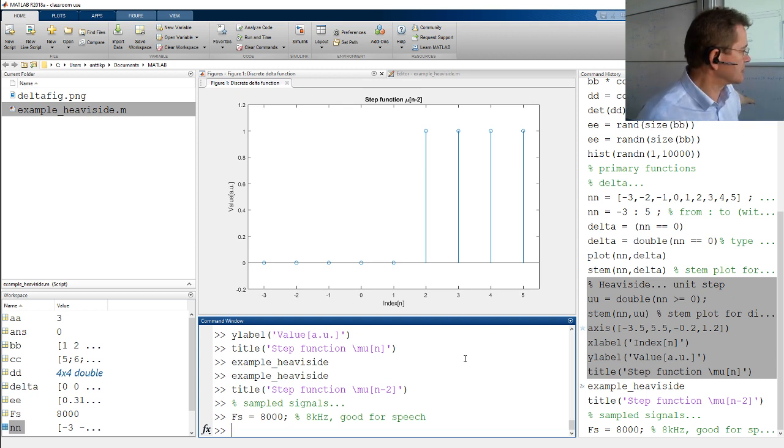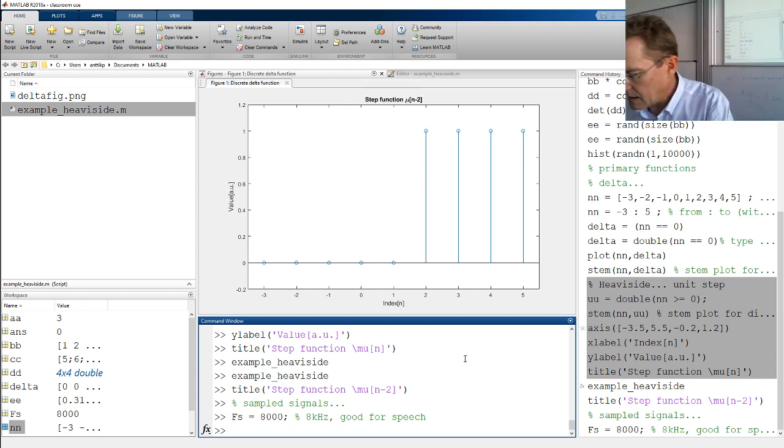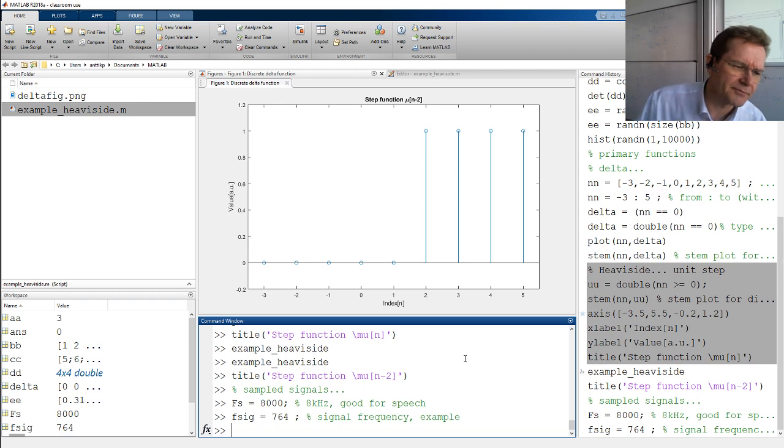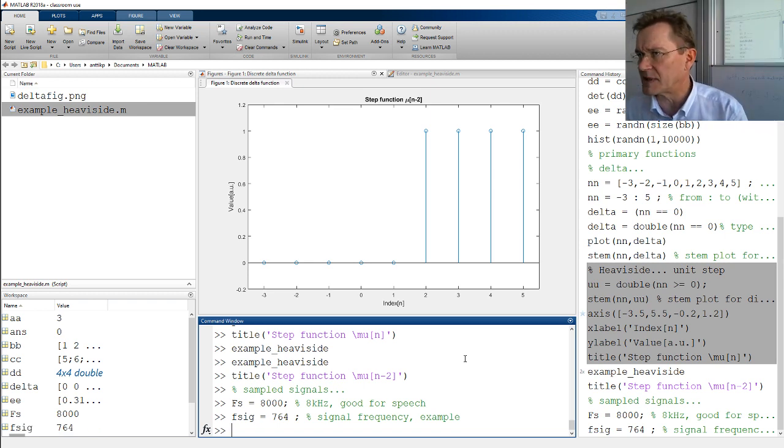Then you have the sinusoid you are sampling, and the signal frequency is 764 hertz. Just for fun. This is the signal frequency example. Okay, now we can do the sampled signal, if we know also the amplitude. Well, with Matlab, we can always play with an amplitude of 1.